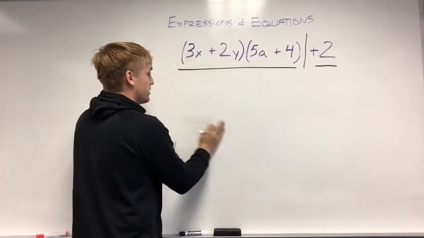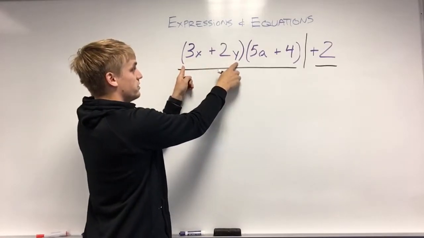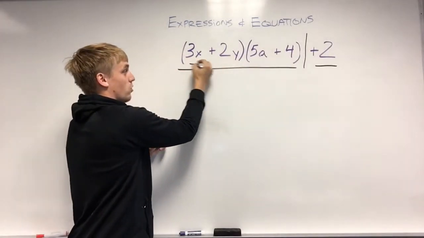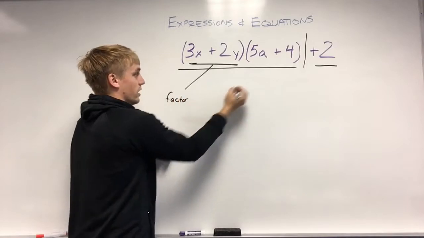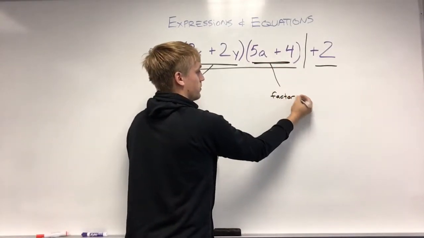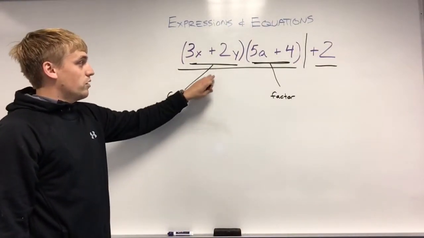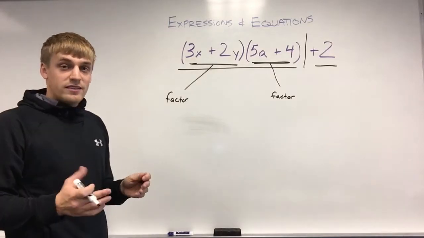So this example here, these parentheses are multiplied by these parentheses. So this whole thing is a factor. Okay, this whole thing is a factor. Now, if we look inside the factor, we can split that expression.